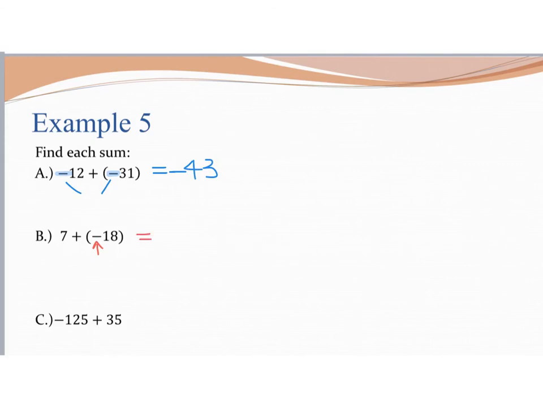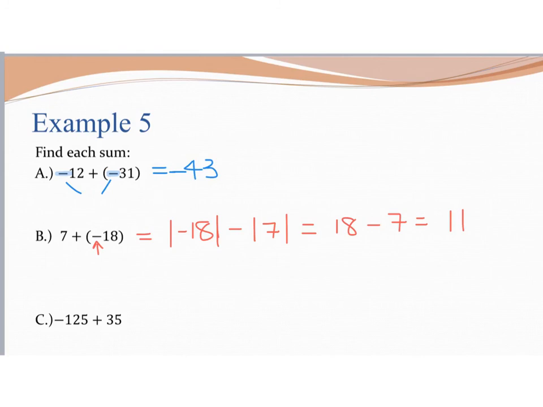But essentially, if you remember, we have to take the absolute value and subtract their differences. So because 18 is bigger, I'm going to do the absolute value of negative 18, and then subtract the absolute value of 7. So the absolute value of negative 18 is a positive 18, minus the absolute value of 7, which is just 7. So 18 minus 7 is 11.